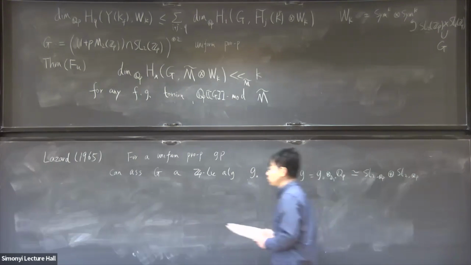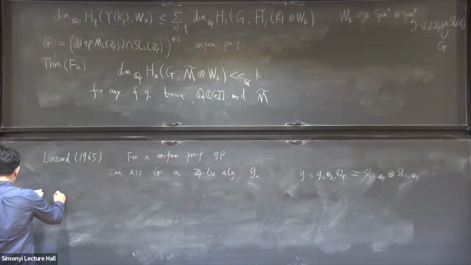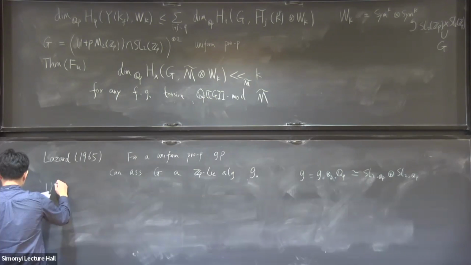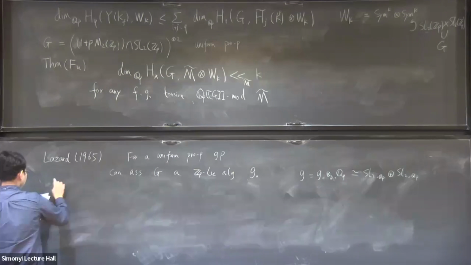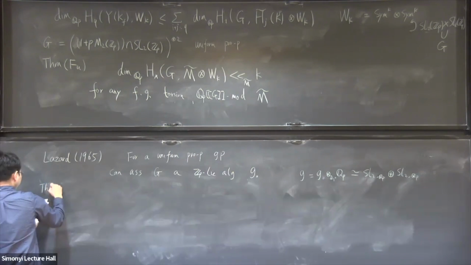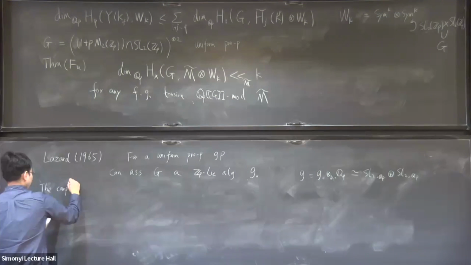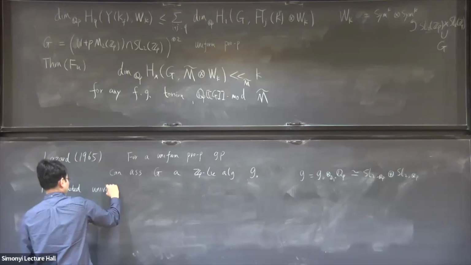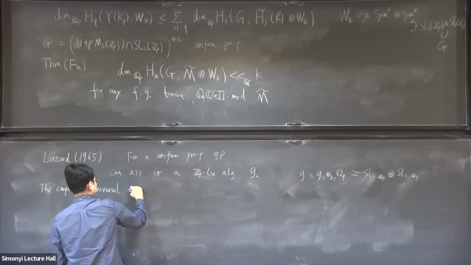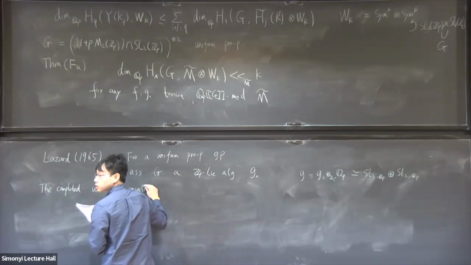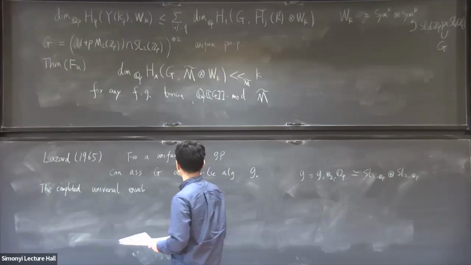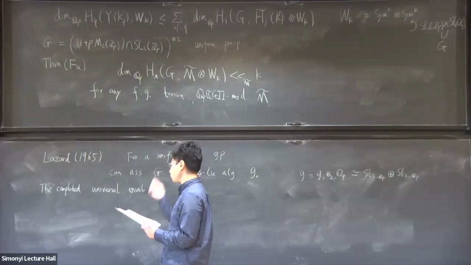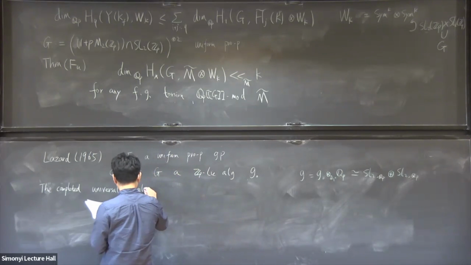Another very important ingredient I use is the completed universal enveloping algebra. For the Lie algebra, this universal enveloping algebra is a variant of the usual universal enveloping algebra, but it's p-completed.